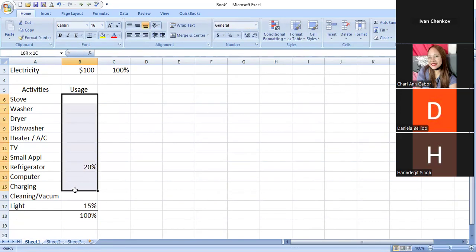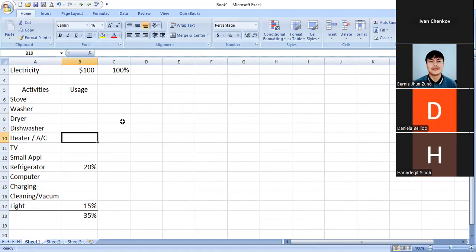So let's make it easy here. Let's make this one for the percentage, and I need this total here to be 100%. That's what I'm chasing here, my total to be 100%. So I have 35. So let's assign something for the other ones. Heater will be a lot, right? Let's put here 15% as well. We can adjust it. TV, not so much, 5%.